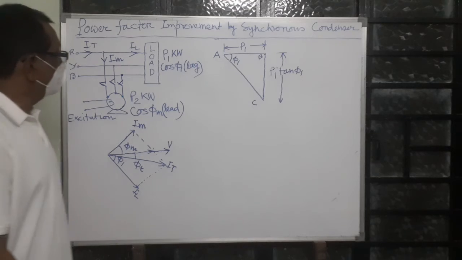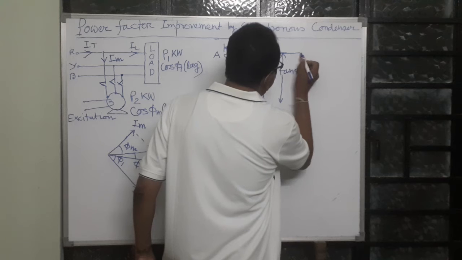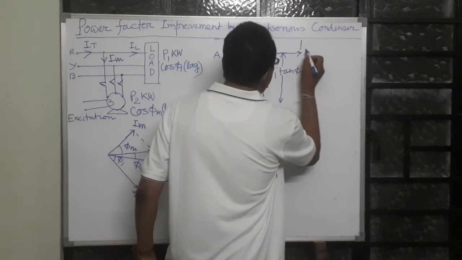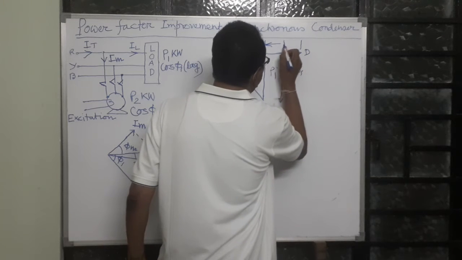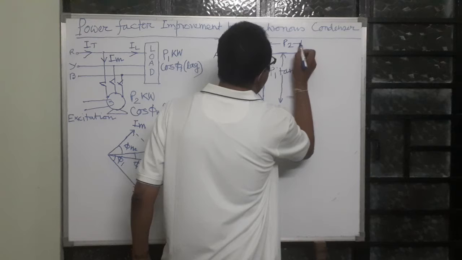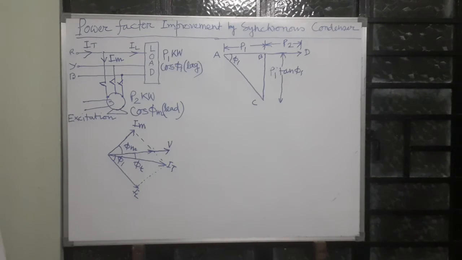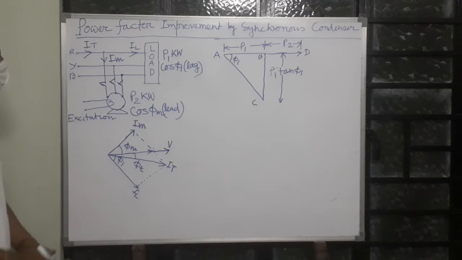So the power axis will be changed. So at D, this portion is P2. BD is the power taken by the synchronous machine.